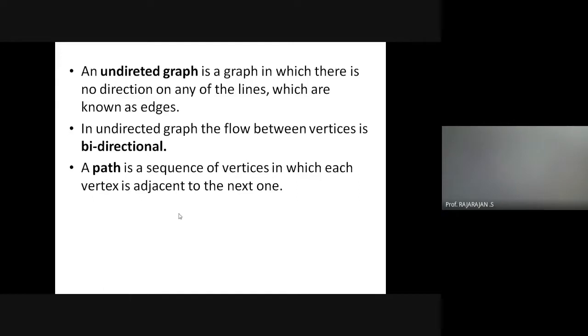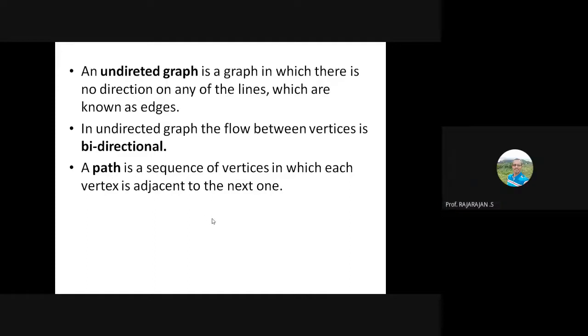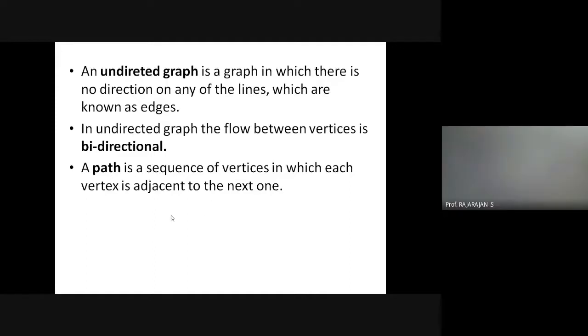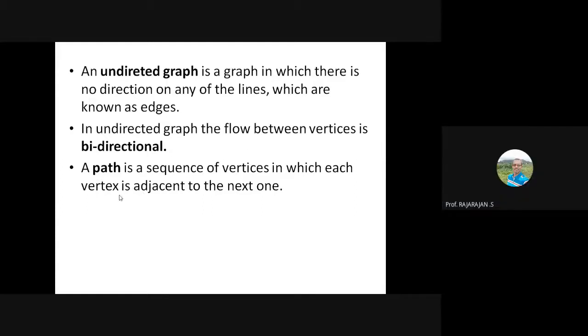Another terminology is a path. A path is a sequence of vertices in which each vertex is adjacent to the next one. For example, in a graph, I want to traverse from A to Z. These are two different vertices that are part of the same graph. So if I have to go from A to Z, I should find a path, and that path may involve other vertices.